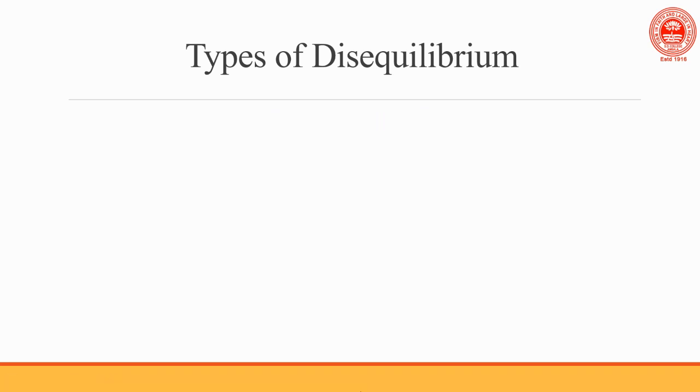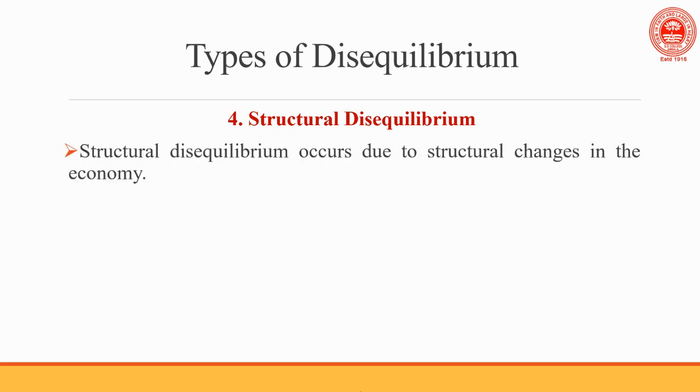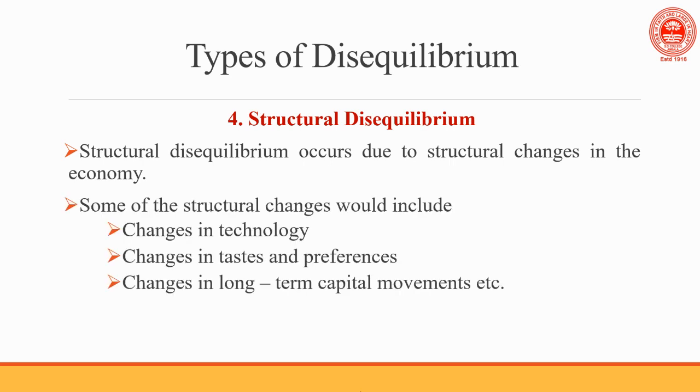The next type of disequilibrium is the structural disequilibrium. Now, it occurs due to any kind of structural change in the economy. Some of these structural changes would include changes in technology. For example, as we know, countries are shifting from the labor intensive industries to the capital intensive industries, and the technology is being upgraded at a very fast pace.